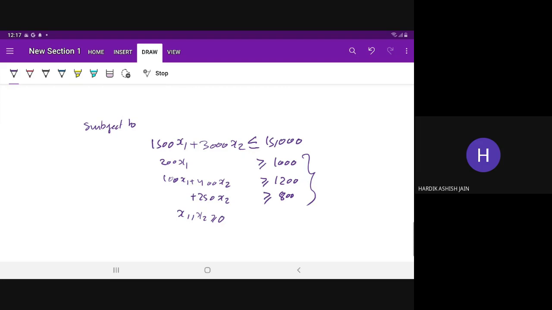If you make it an equality, you have to add the surplus. When we say adding the surplus, it means we are subtracting the surplus variable. Surplus variable we always have to subtract.